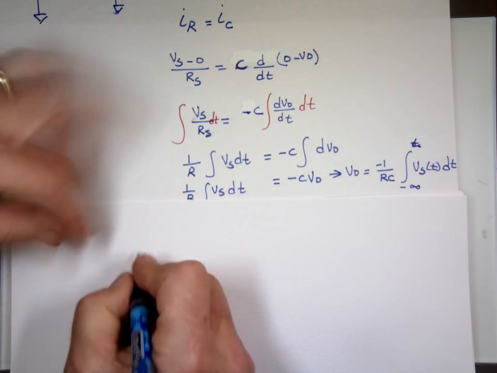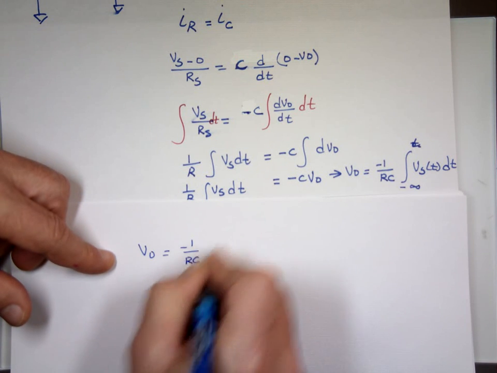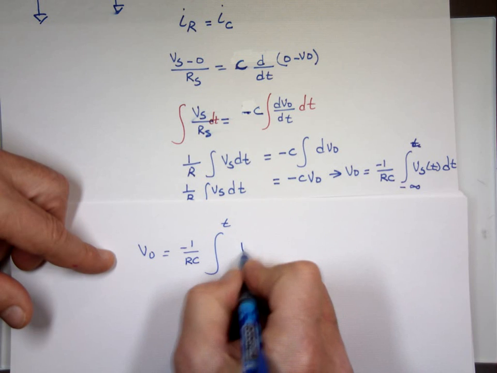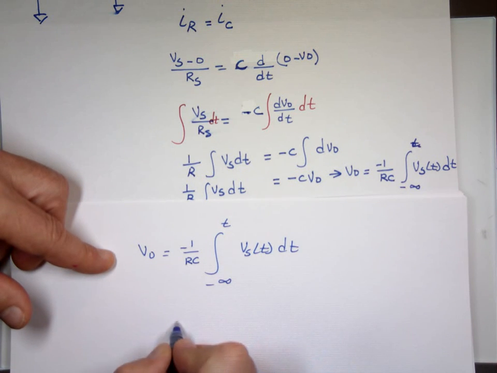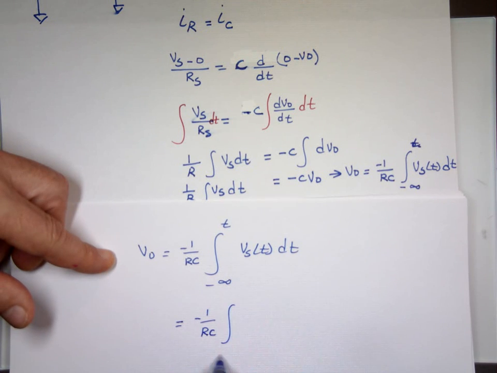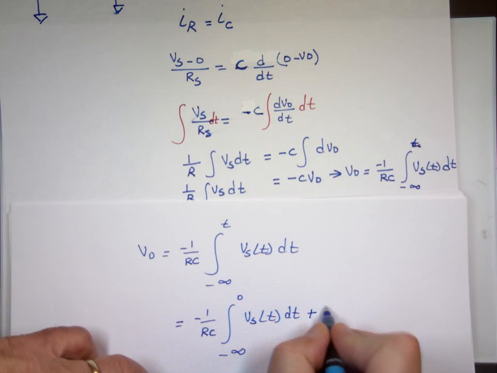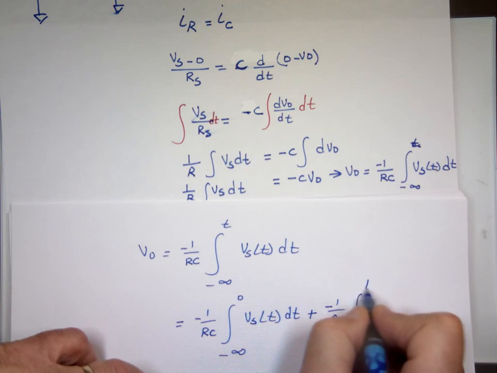So here we go, V out equals negative 1 over R sub C, the integral from negative infinity to t. You know, in calculus, if you have an integral like this, you can break it down from negative infinity to 0 plus from 0 to t.